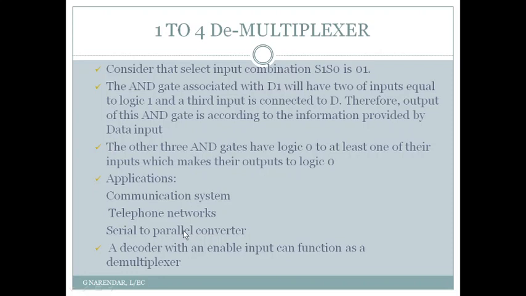So overall, the demultiplexer has very useful applications in communication systems and telephone networks and in serial to parallel conversion.